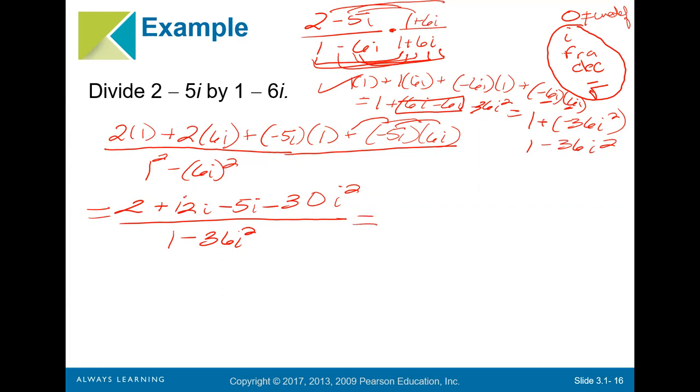So let's plug it in and clean up these two terms here because they're alike. So I have a positive 12i minus 5i, like saying I have $12 to spend 5. So now that I have 7i minus 30, well, i squared is negative 1 all over 1 minus 36 times negative 1. So that's what we got here.